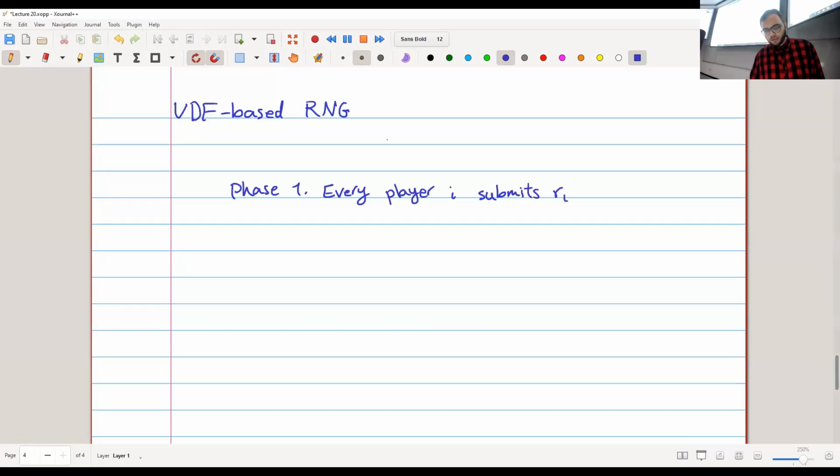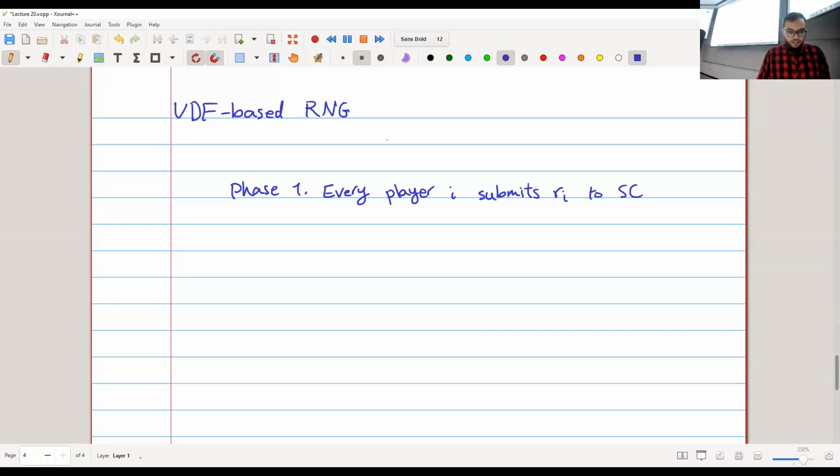So we're not going to commit to R_i. We're not going to hide R_i. We're just going to give up R_i, so submits R_i to the smart contract. So there is no revealing or anything like that.